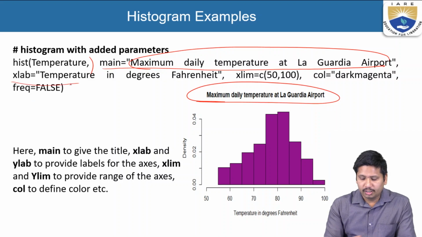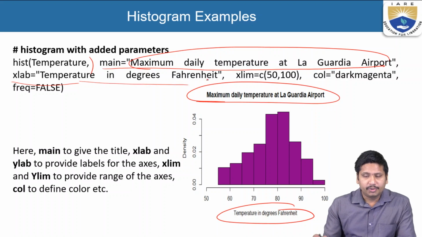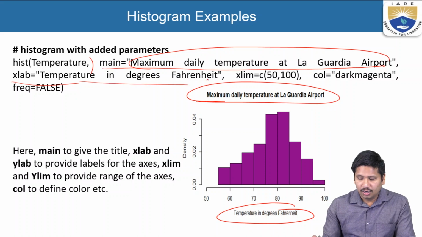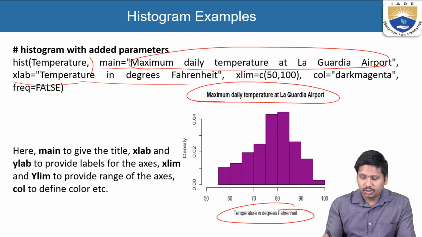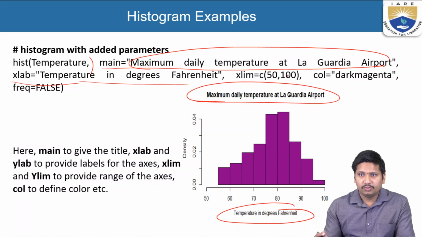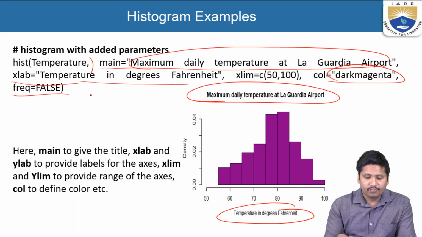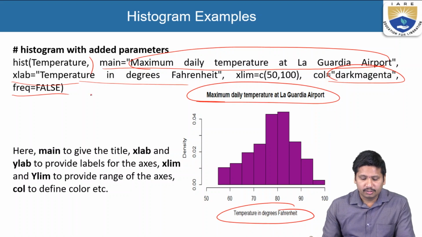What should be the label that is going to be specified on the x-axis I want to mention: the temperature in degrees Fahrenheit. And what should be the limited value range can be specified, and then what kind of color I can mention, like dark magenta, and frequency, how much the frequency is.